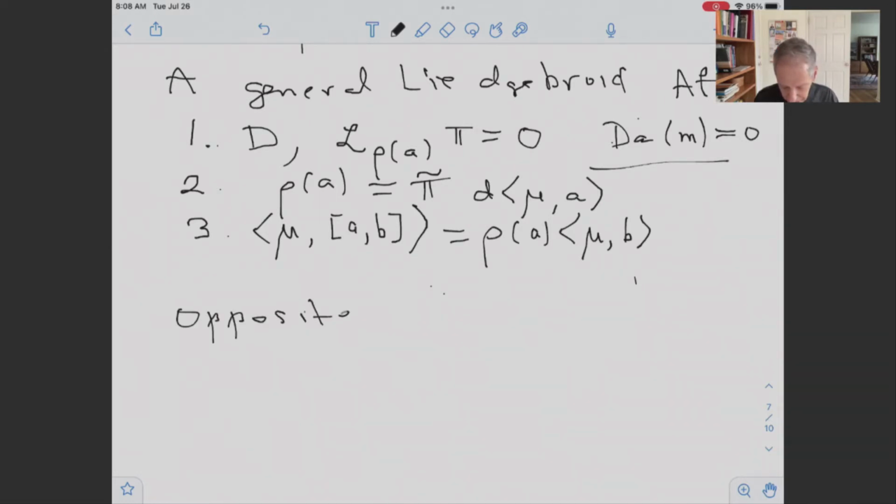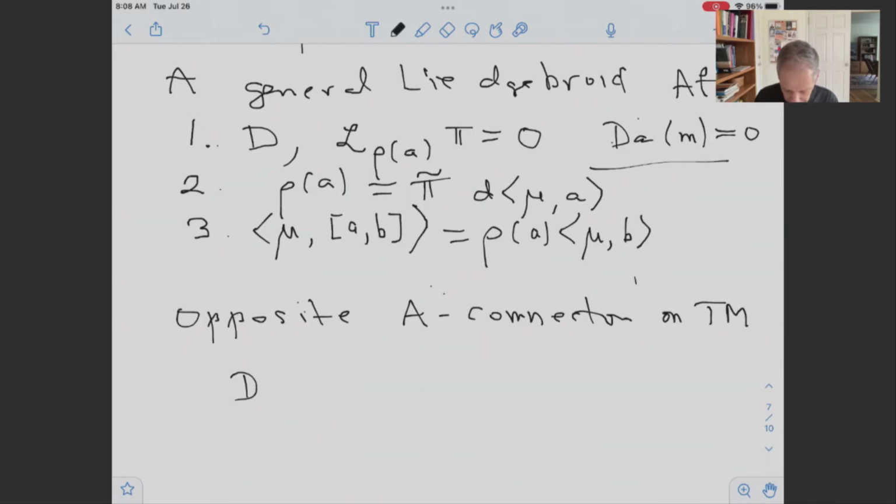If we have a connection on a Lie algebroid A, then the opposite connection turns out to be an A-connection on the tangent bundle. And of course, in the case when A is the tangent bundle with the usual Lie algebroid structure, then this is what's traditionally been called the opposite connection in differential geometry.